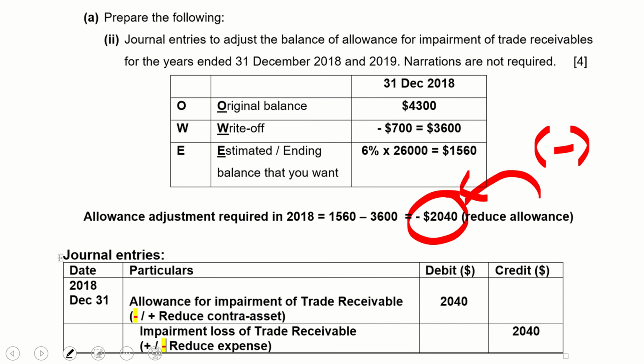But now, actually, fewer people cannot pay me. Instead of making a loss, I have made a gain. So a negative loss is like a gain. So instead, I will be crediting my impairment loss, crediting an expense. So this is for 2018. You may pause if you need to think about this year.